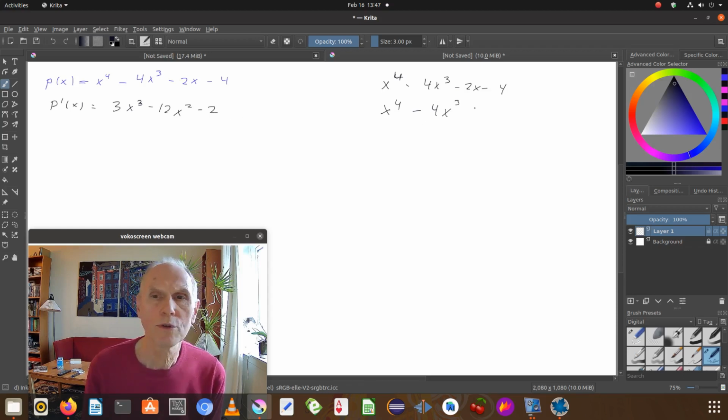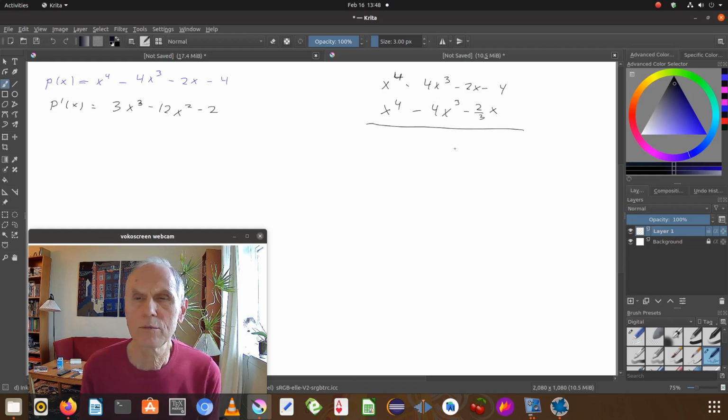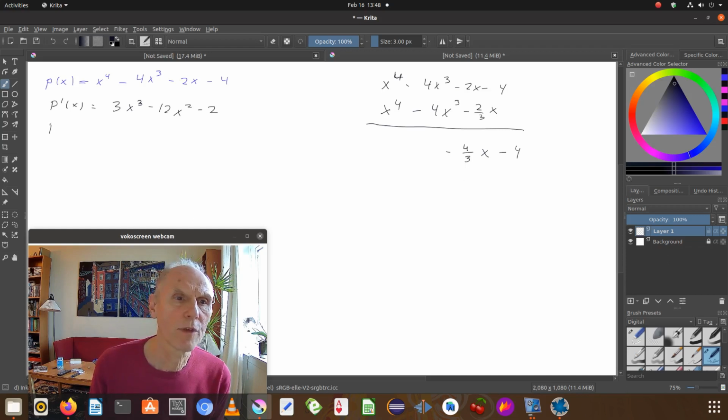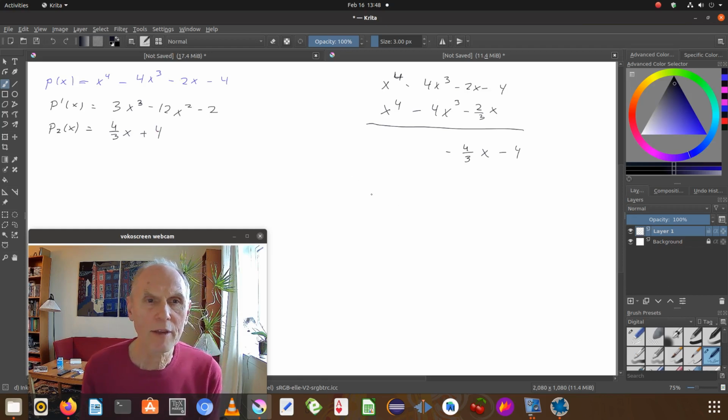Then 2/3 x. 2 minus 2/3 gives 4/3 x minus 4. I don't know how to enumerate them; we say P2. And then we take the remainder there. That's a little more complicated.